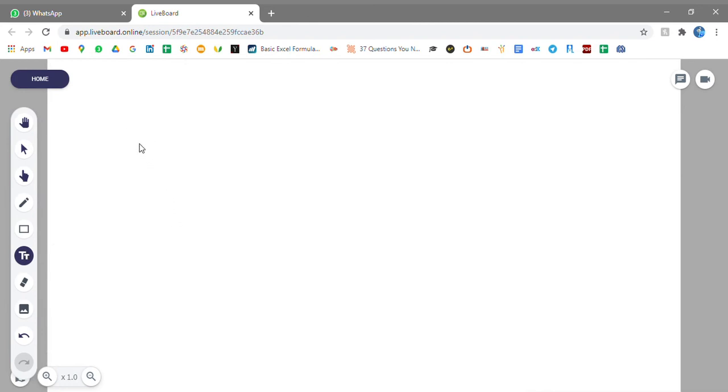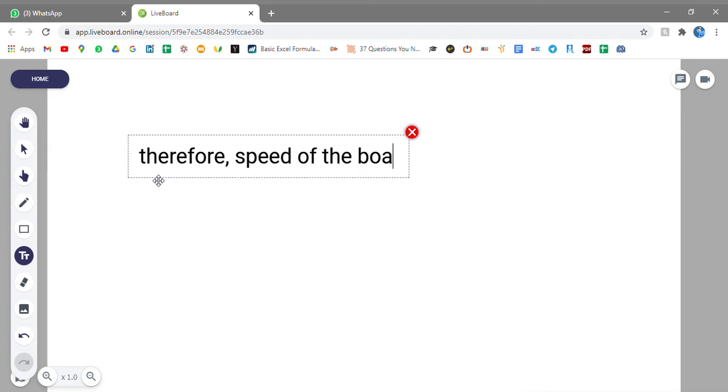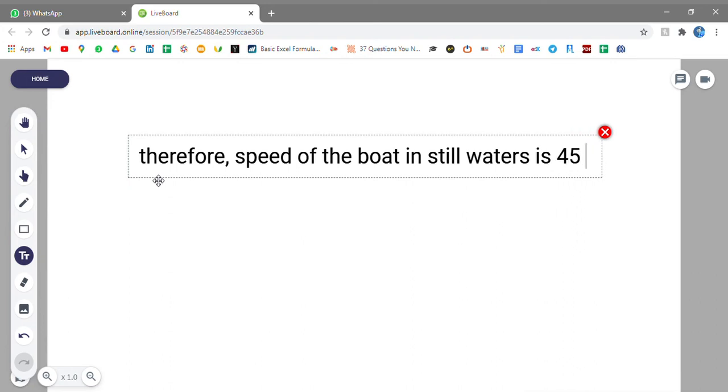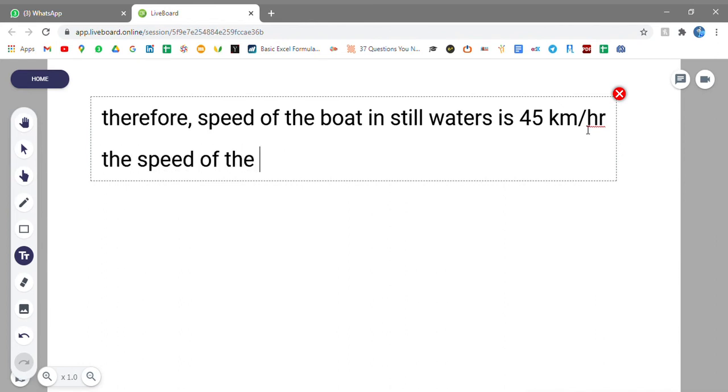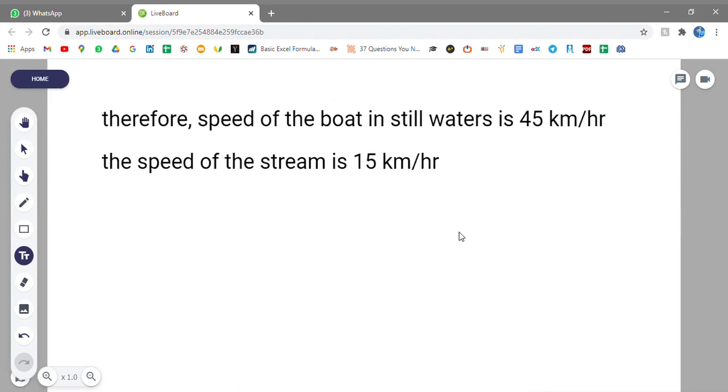Therefore, the speed of the boat in still waters is 45 kilometers per hour, that is nothing but x that we found out, and the speed of the stream, the water body, is 15 kilometers per hour. So this is what they had asked us in the question and this is what we found out.